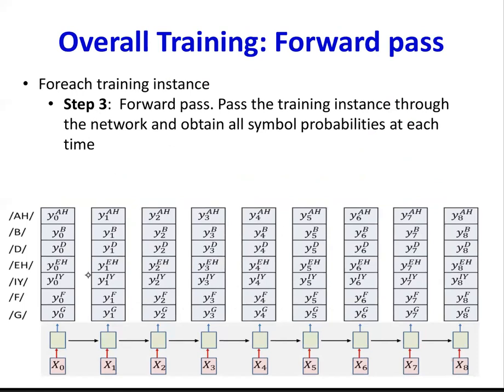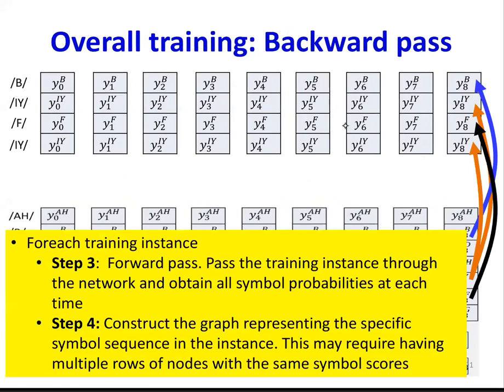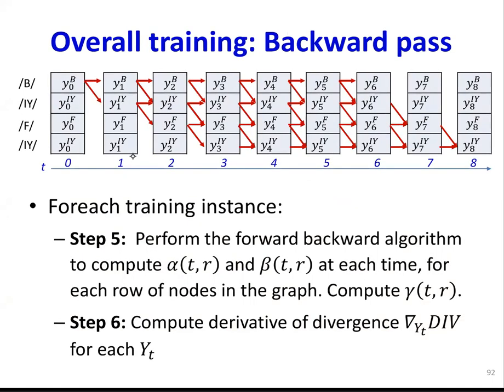Then each training instance gets put through the network, and you get this probability table. And then from the probability table, you compute the reduced probability table for each sequence. And then from the reduced probability table, you construct the graph.